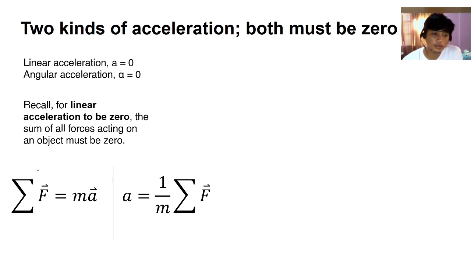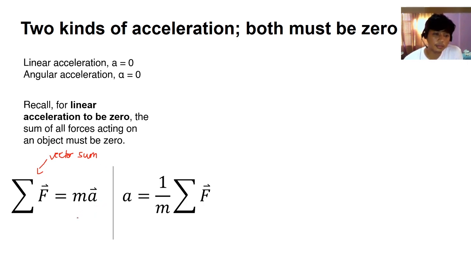The sum of all forces, this is the vector sum of all forces acting on an object. Forces may include gravitational force, a pushing force, normal force, tension force. If you add all these forces up vectorially, it equates to a value that has something to do with the mass of the object and the acceleration of the object.